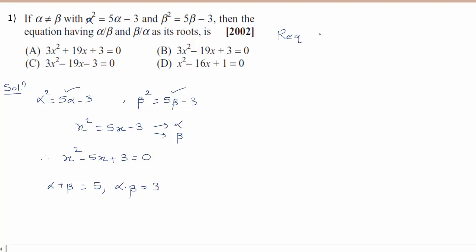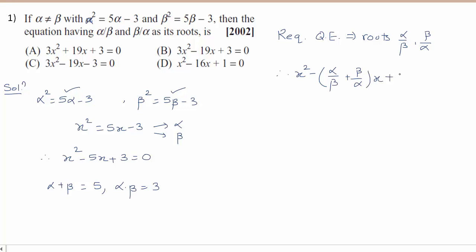Now we need a quadratic equation. Required quadratic equation has roots alpha upon beta and beta upon alpha. Right? So the required quadratic equation will look like x square minus sum of roots times x plus product of roots.